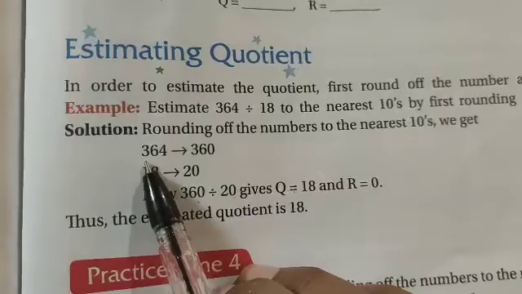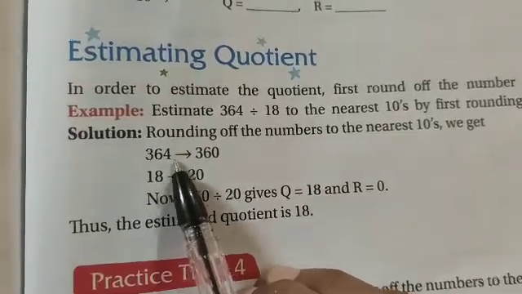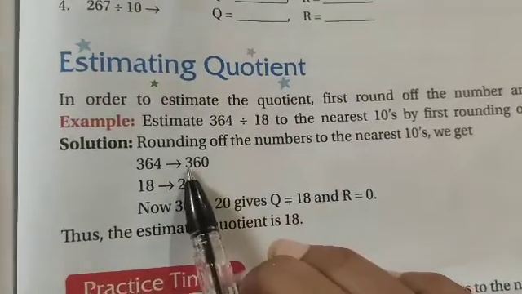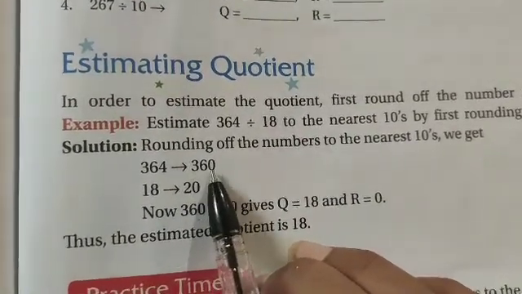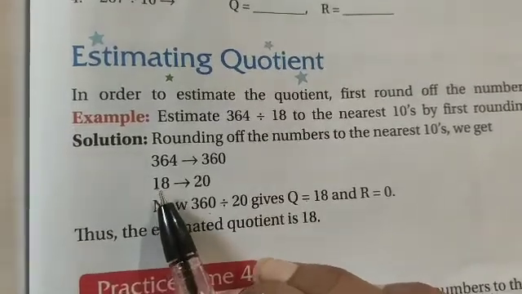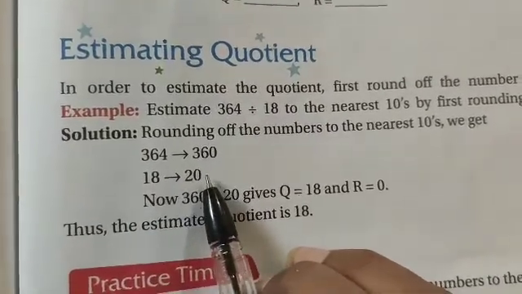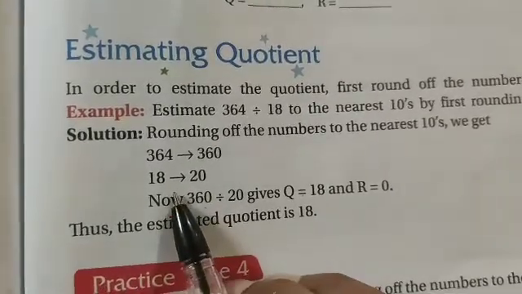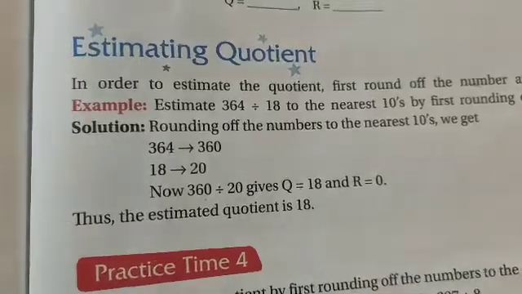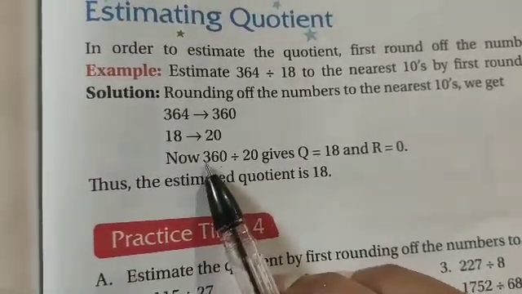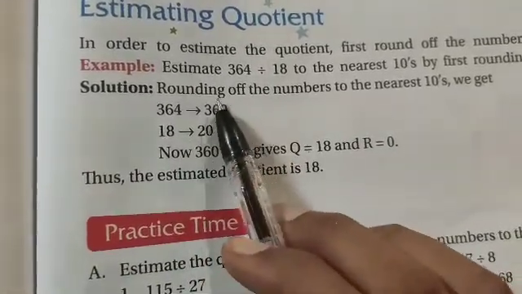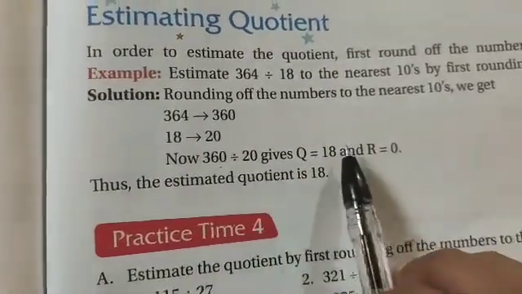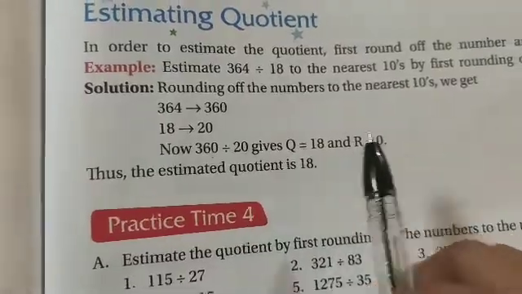In the example, 364 after rounding off to the nearest tens becomes 360, and 18 is nearer to 20. Student, I already taught you how to round off numbers to the nearest tens. Then in the second step, the rounded numbers are taken in a division, and then we find the quotient and remainder.